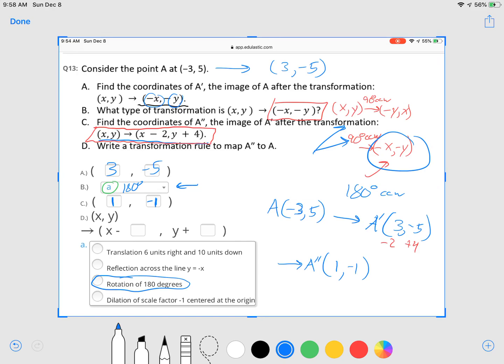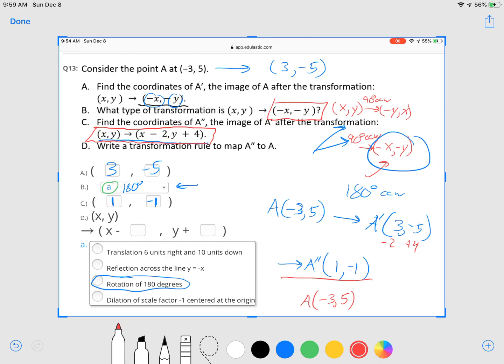Okay, and then part D says write a transformation rule to map A double prime all the way back to A. So we just found A double prime. We have to write a transformation that maps it all the way back to A. What were the original coordinates of A? A's coordinates were (-3, 5).